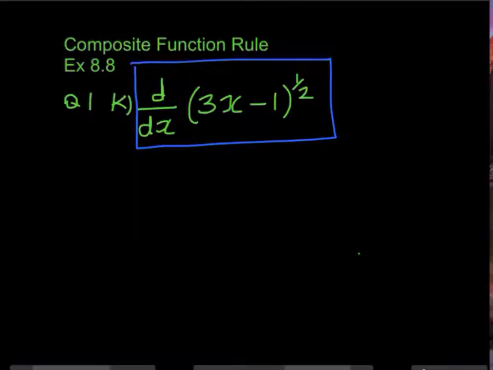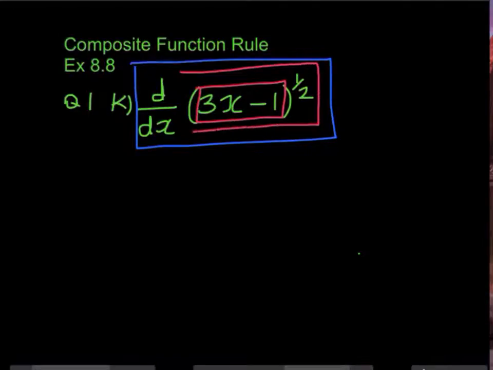What's inside the brackets is actually a function of x. That's one function of x. But then what's outside the brackets, you could consider it to be a function of x as well. So there's two functions of x at work there, which is why it makes sense to me to call it the function of a function rule.